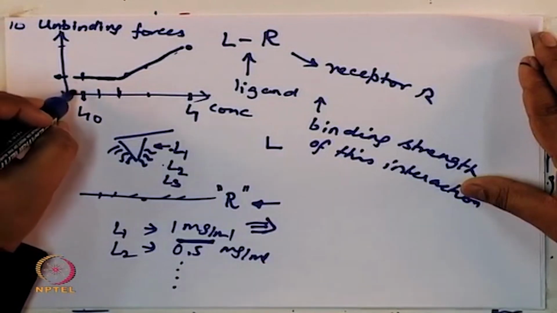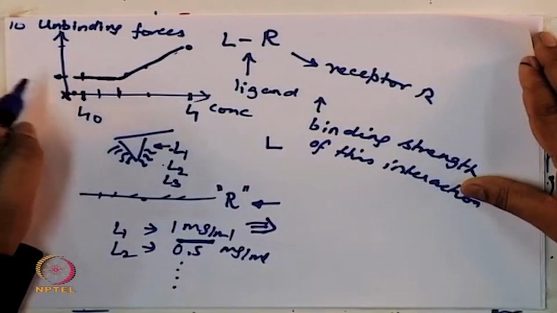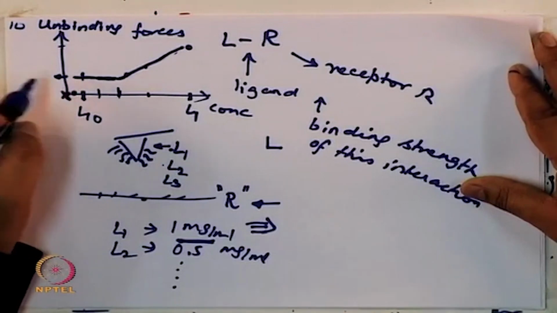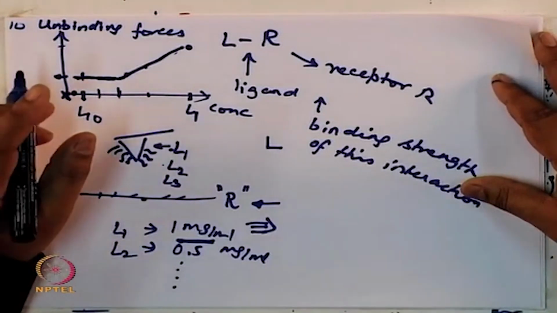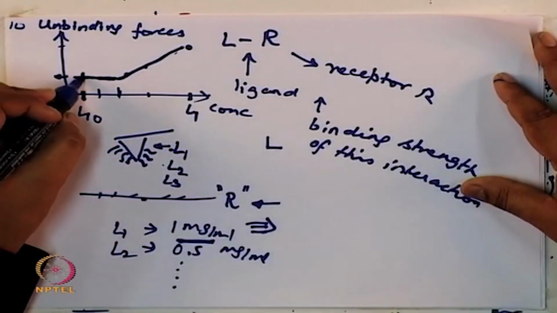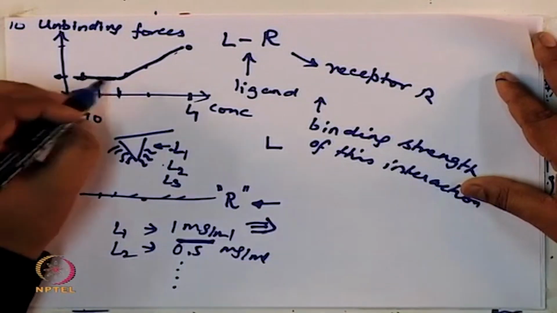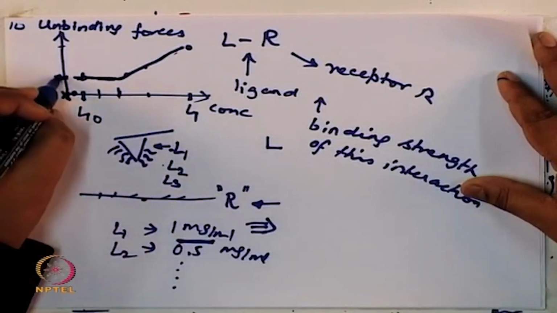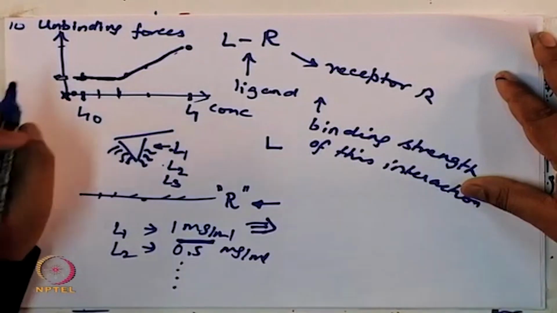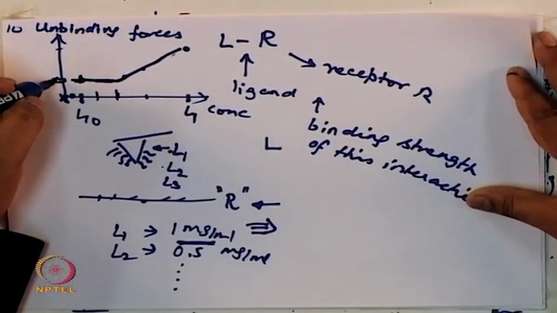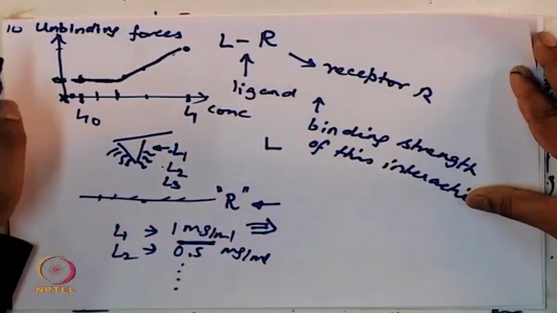Below this concentration I only hit 0. So, I am operating very close to either one bond or two bonds. If I know that at this concentration I am getting a plateau, this is roughly mimetic of the binding strength of a single bond.